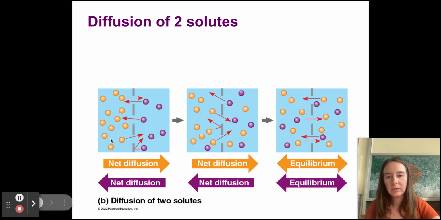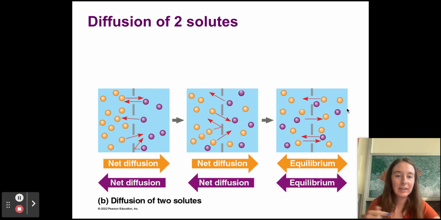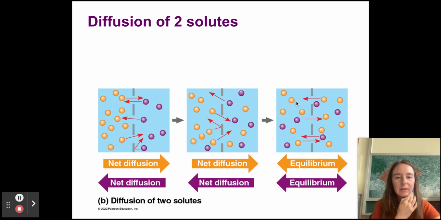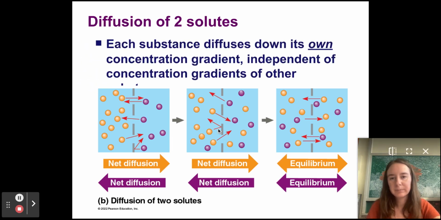So again, notice here that the left-hand side has more orange, and so the net diffusion is going to be to the right. Eventually they will reach equilibrium, but it's not like these purple molecules are stopping the other ones from diffusing. In the same way, the net diffusion for the purple molecules is going to the left because it's going from a high concentration to a low concentration. The same thing here. Eventually they're going to reach equilibrium.